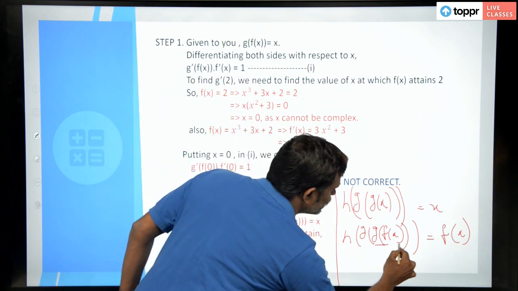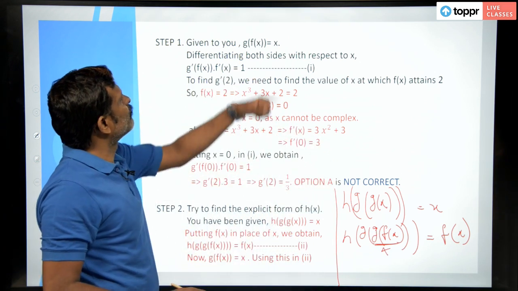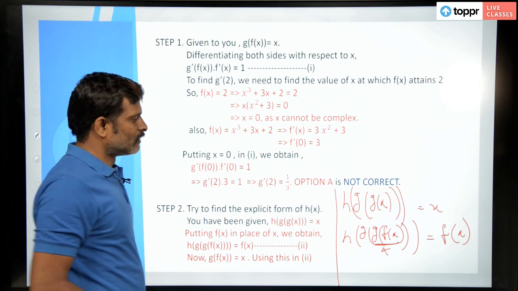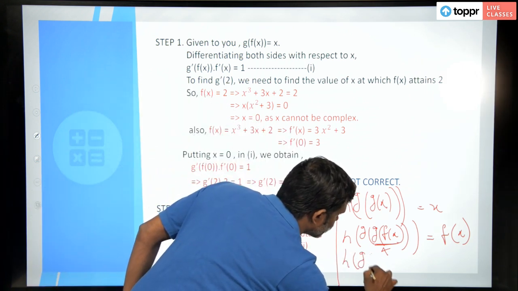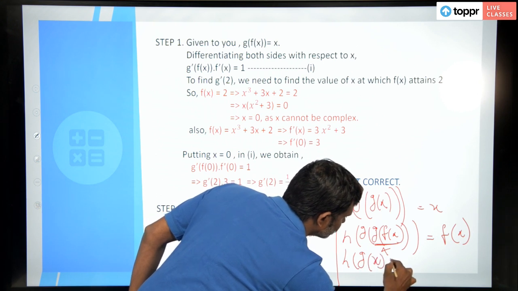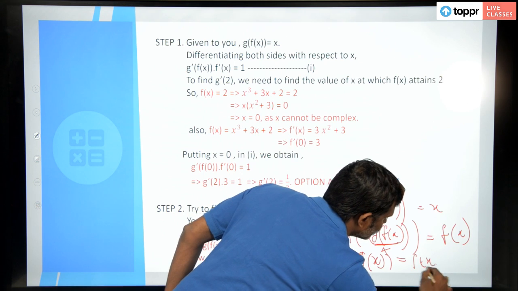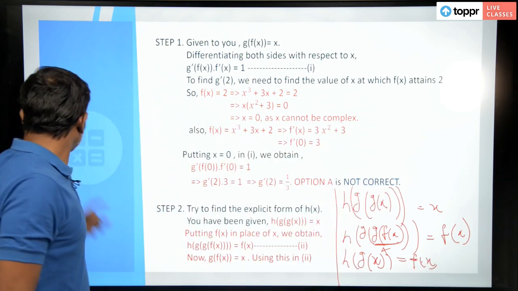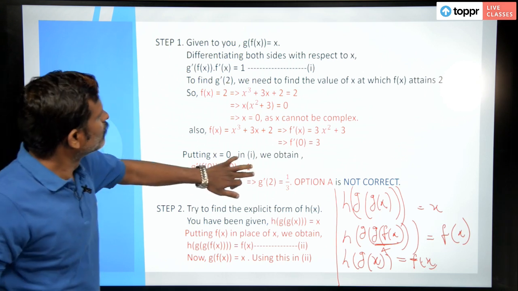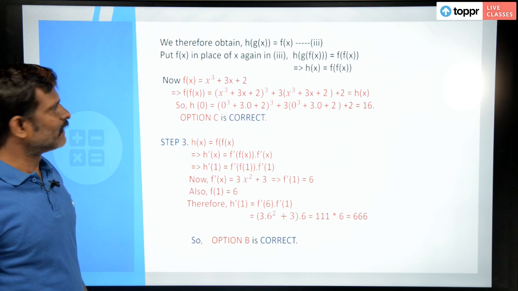Now, this value will become x, because g of f of x is equal to x. So, what do I get? H of g of x is equal to f of x, which is what I am going to get.